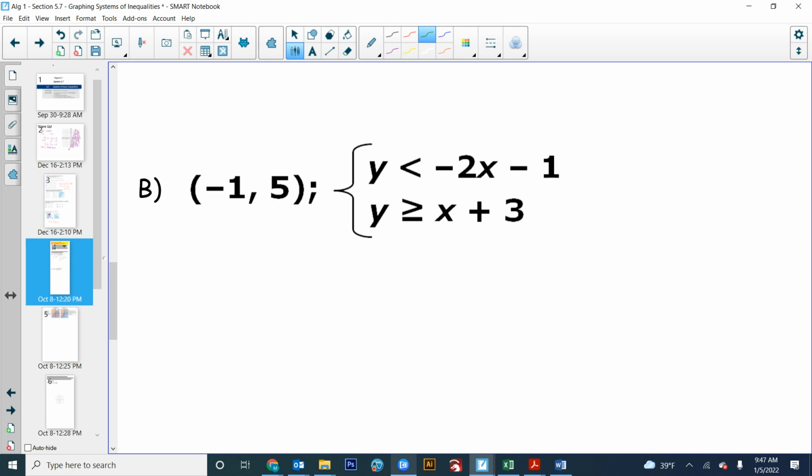Let's plug in the first one here. So 5 is less than -2 times -1 minus 1. What's the right side simplified to? 5 is less than 2 minus 1.